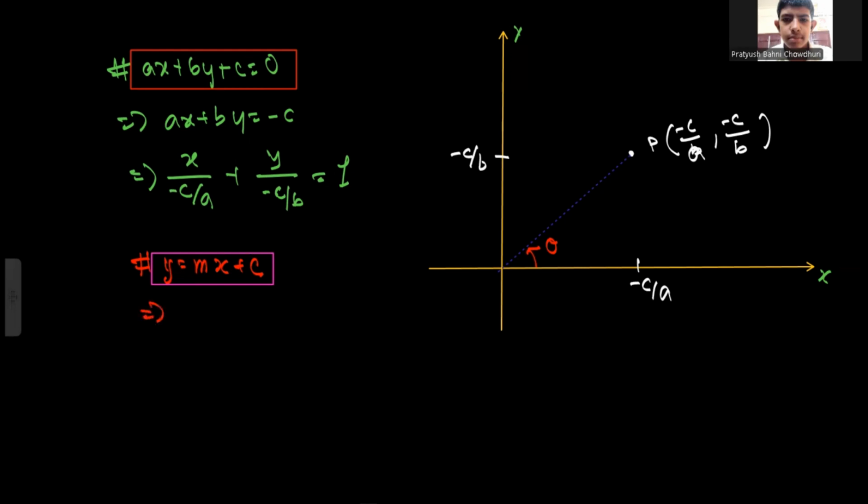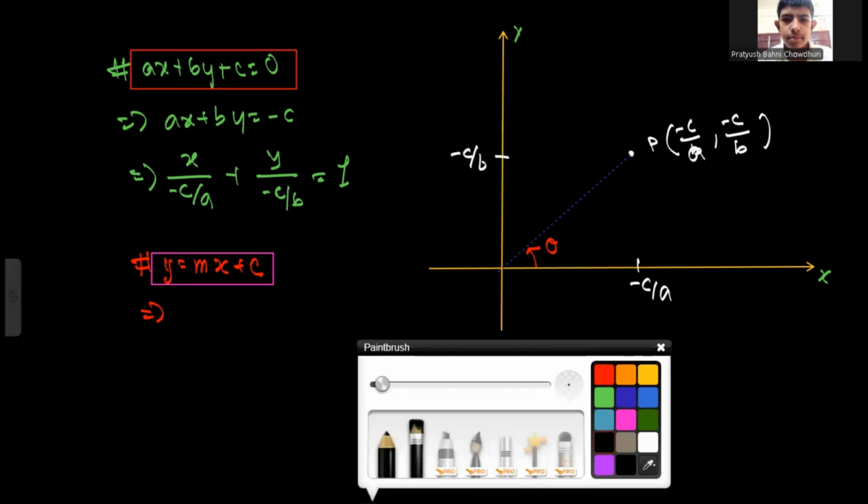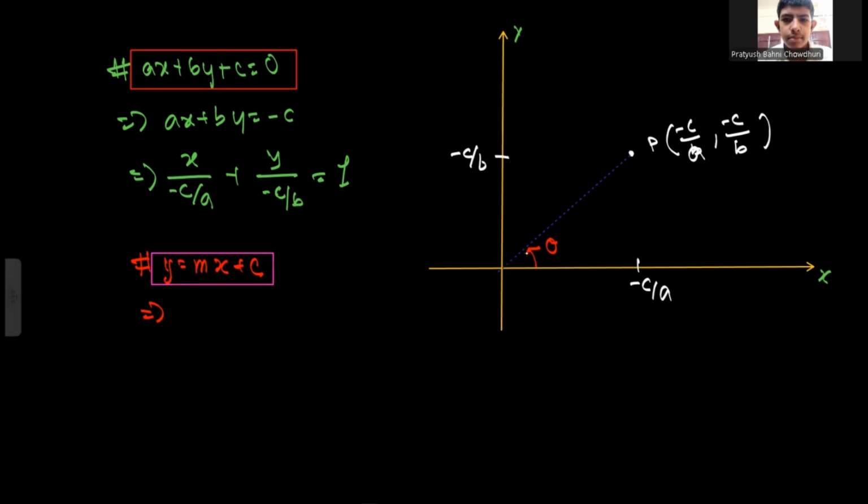See here, the m is slope and the c is intercept.